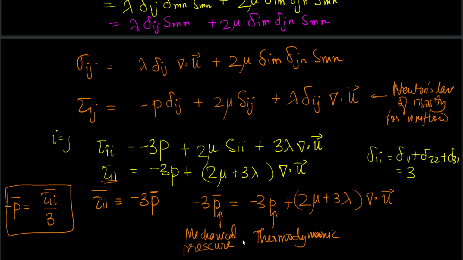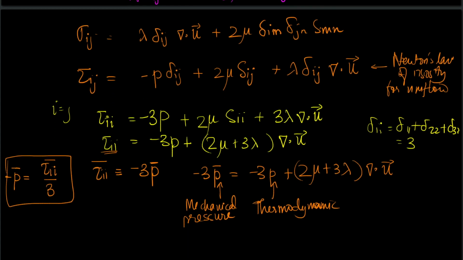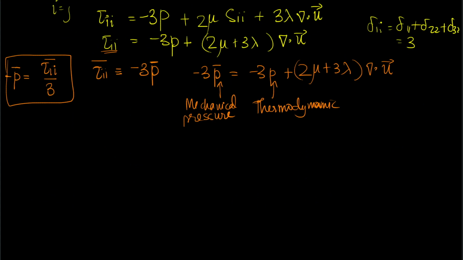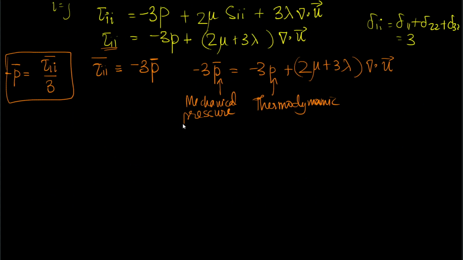It is the mechanical pressure because it is the trace of the stress tensor. Alright, so now we can finally write down P minus P bar. So let me take this over here. We can write it as 2 by 3 mu plus lambda times the divergence of the velocity.